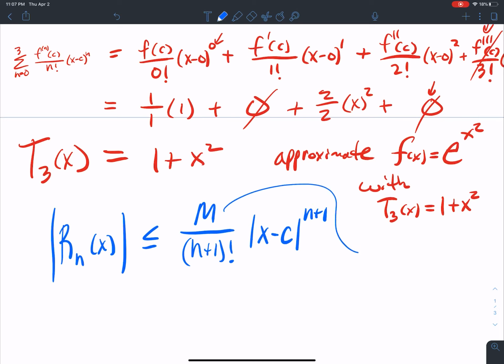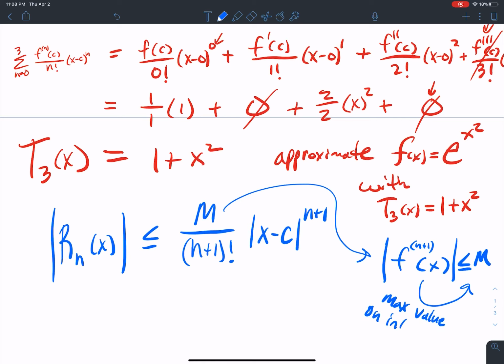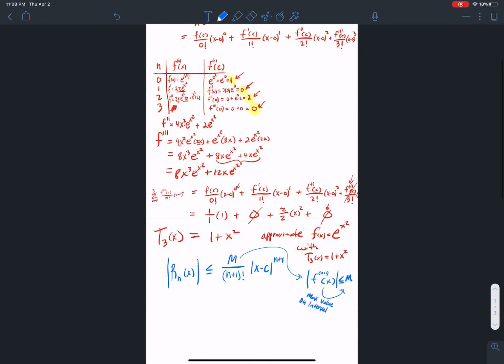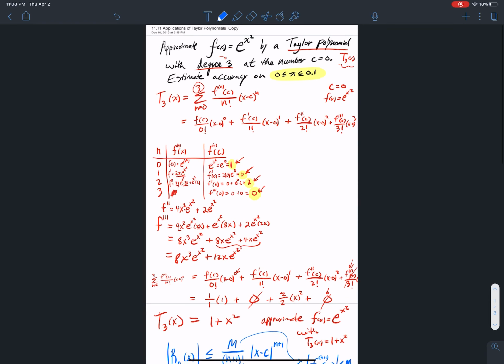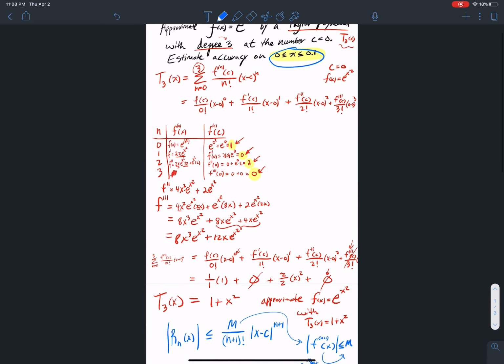Where M is the maximum that your function's n plus first derivative obtains. So it's the max value on the interval. Now, what interval are we considering for this problem? We're only considering x values on this interval here. Okay?